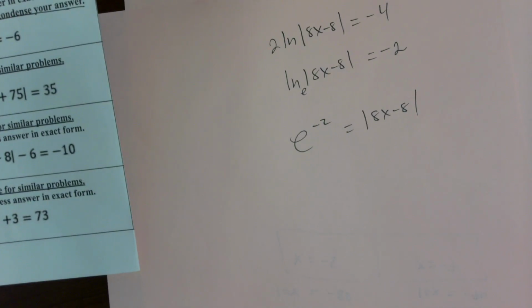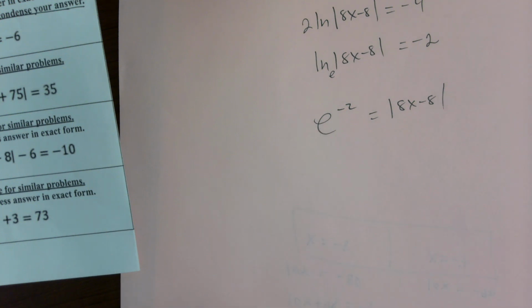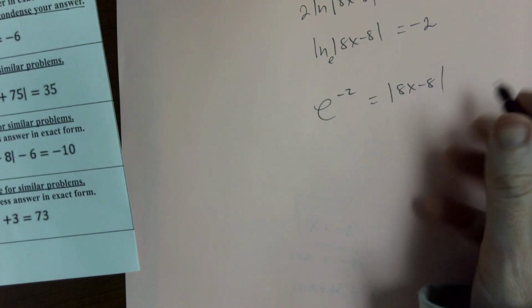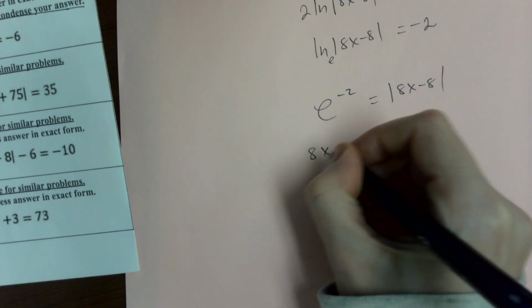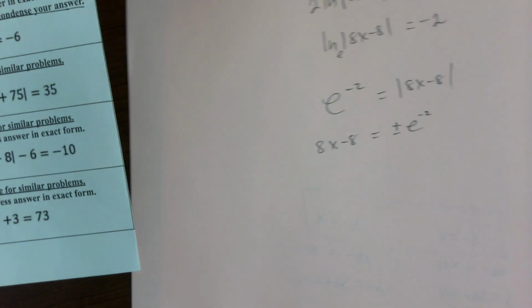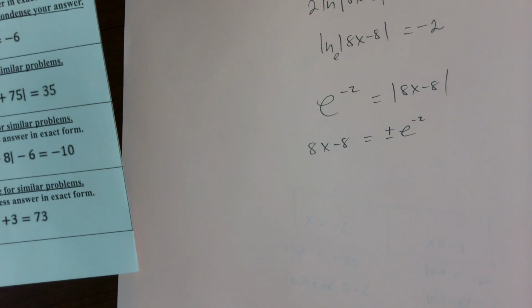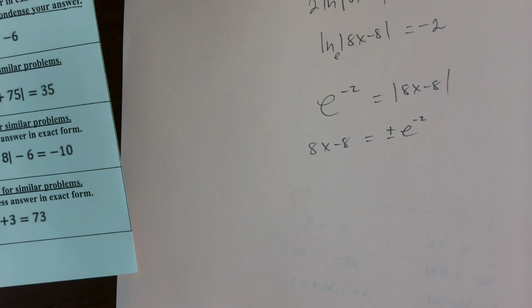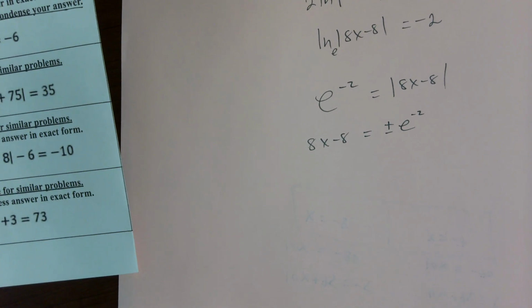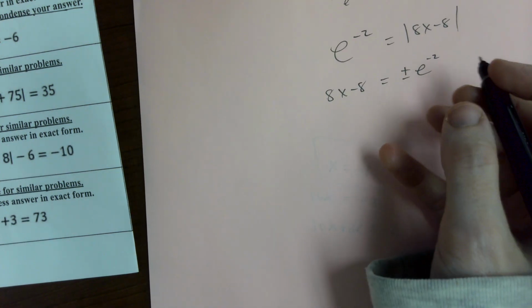Okay. So now I'm going to drop the absolute value bars, but when I do that, I got to do a plus or minus in front of the other side. So I'm dropping the bars, but I gotta go like this. Okay. Oops. All right. Okay, so now I can split this up.